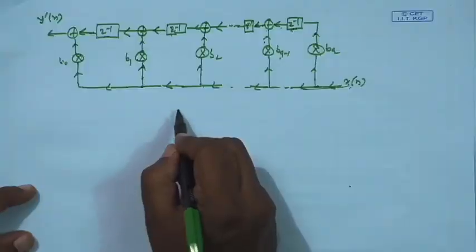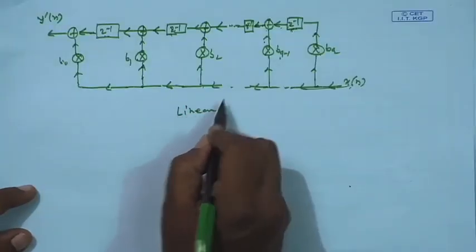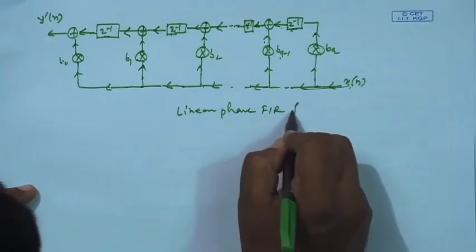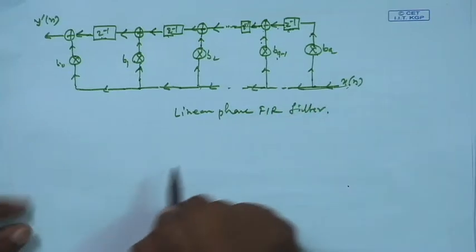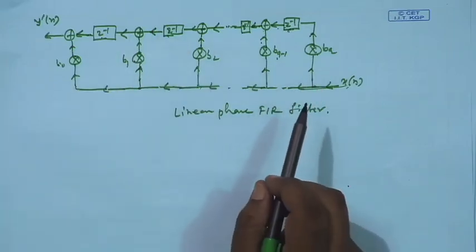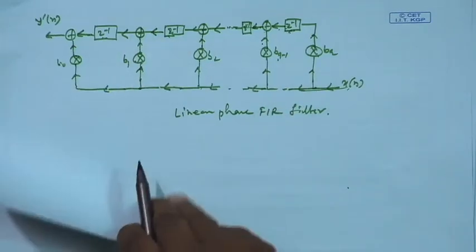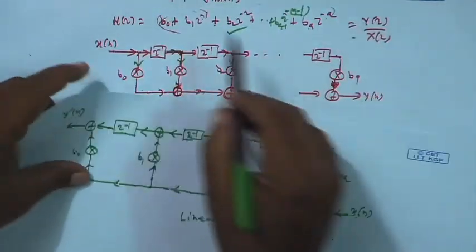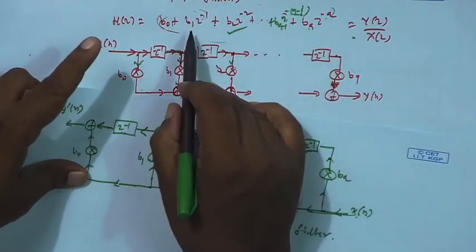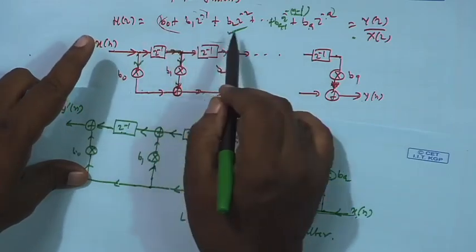Now, consider a linear phase FIR filter. In the last class, I considered them. By the way, apart from this structure, FIR filter can have cascade form also. That is, if you factorize this into first order factors, and then if you have a complex root, then the conjugate root also must be there.